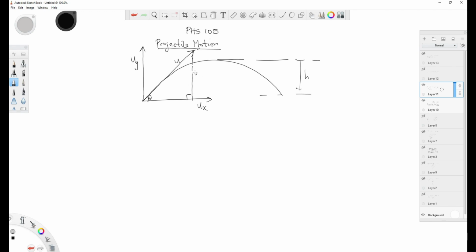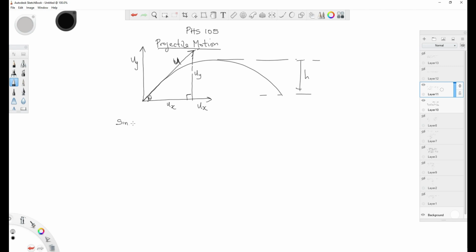So you take this place as the uy, this is the ux, and this will be the resultant, which is just u. So if you know the velocity of a projectile motion, you can tell its horizontal component, the velocity forward or backward, and you can tell the velocity at which it moves upward.